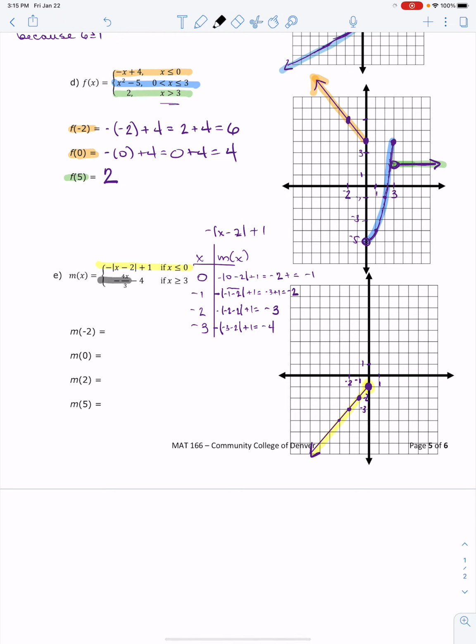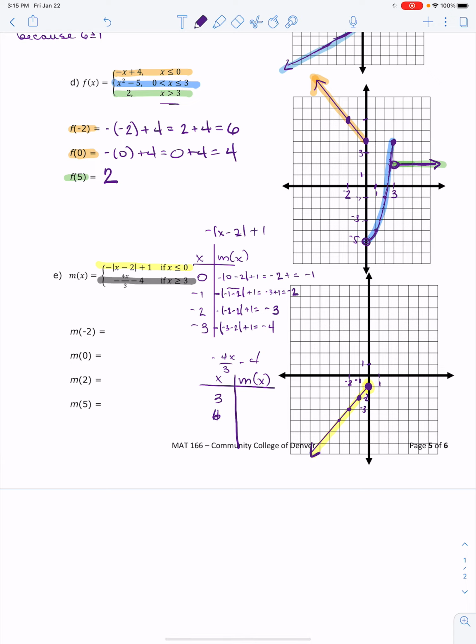And so now for the bottom part of our graph, I've got negative 4x over 3 minus 4 if x is greater than or equal to 3. So I'm going to do that over here. Negative 4x over 3 minus 4. I'm going to start at 3 and go, oh, it's divided by 3.